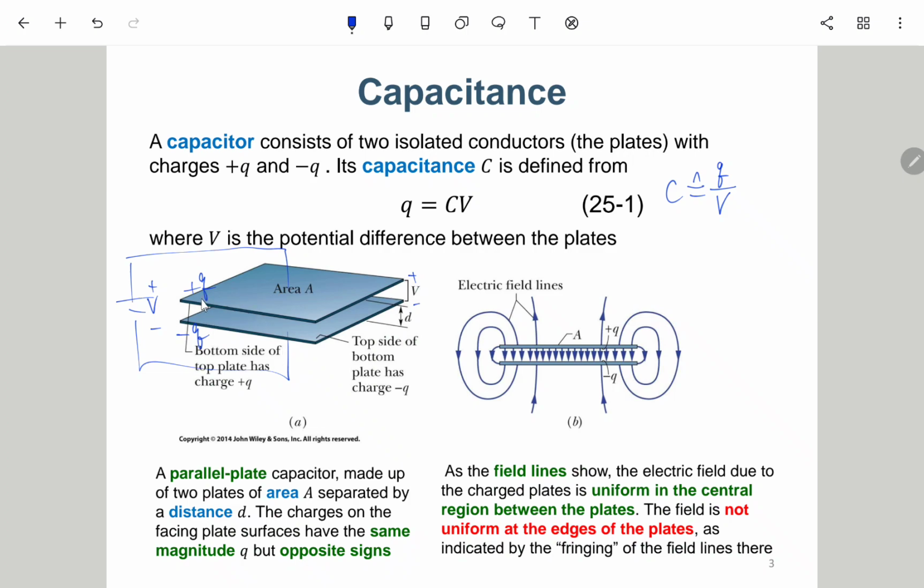In such a way, there will be a potential difference, and it will generate a uniform E field. It will generate the E field mainly between the parallel plates, and of course there are some other E field lines outside.